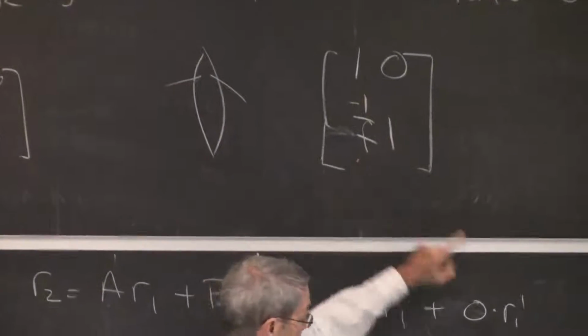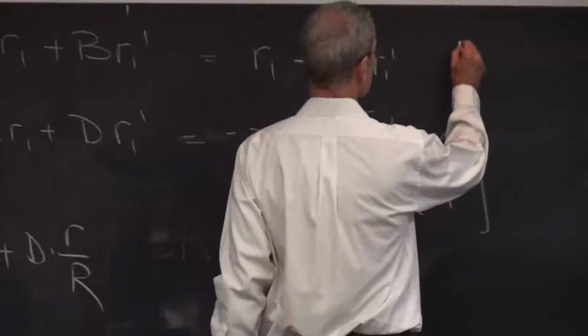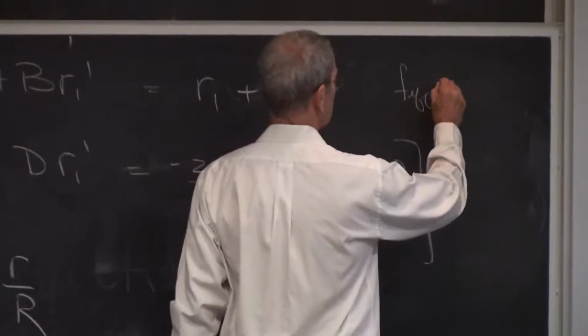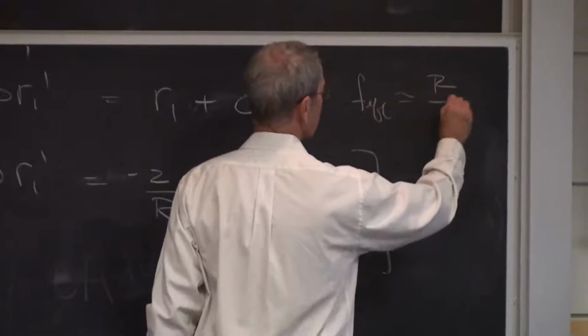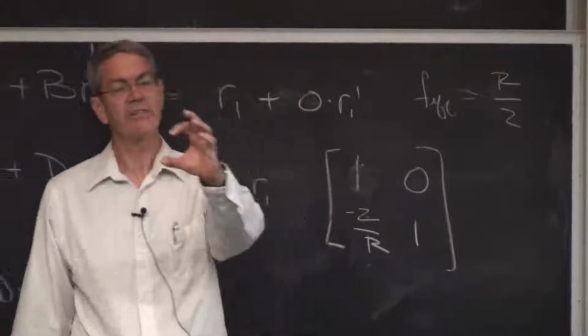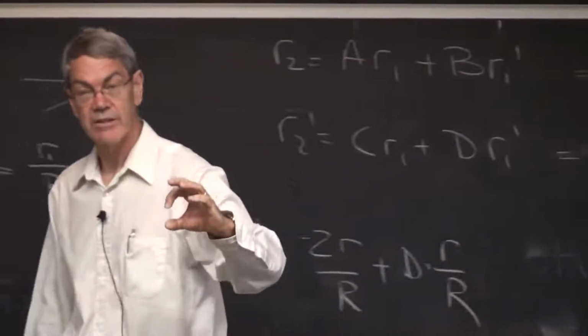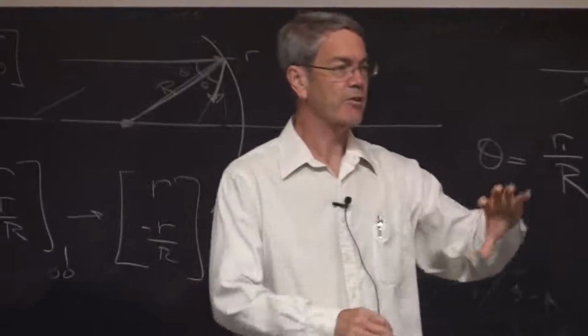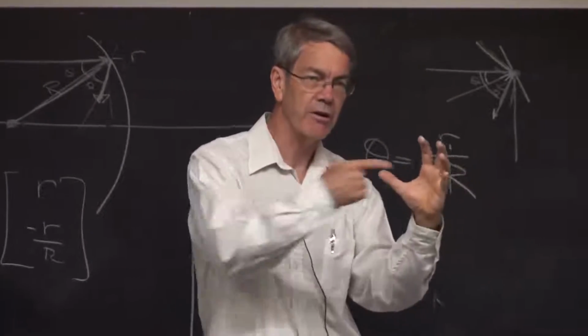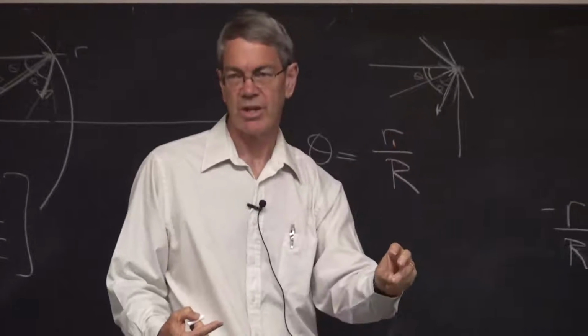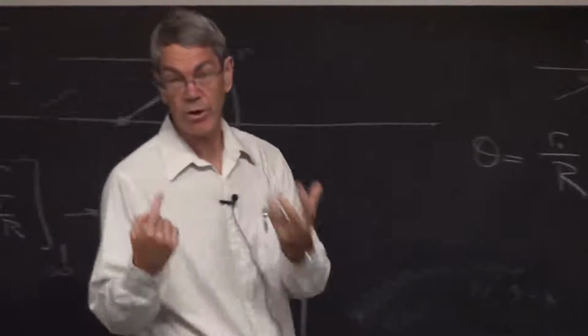This is 1 over F there. So the effective focal length is R over 2. So if I have a 50 millimeter focal length lens, I would have the same focusing power if I took a 100 millimeter curvature mirror and bounced off that. That would focus the same way. So they're both focusing elements.